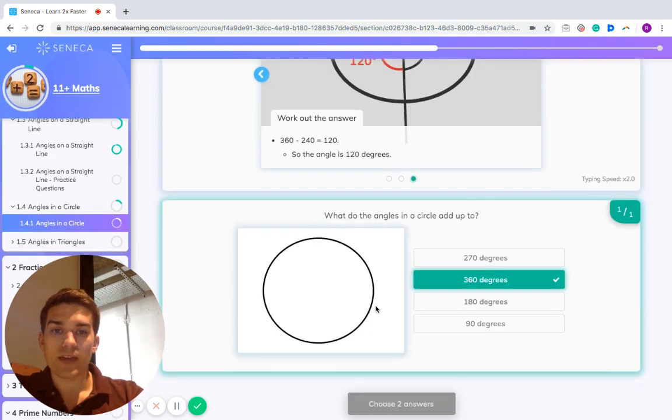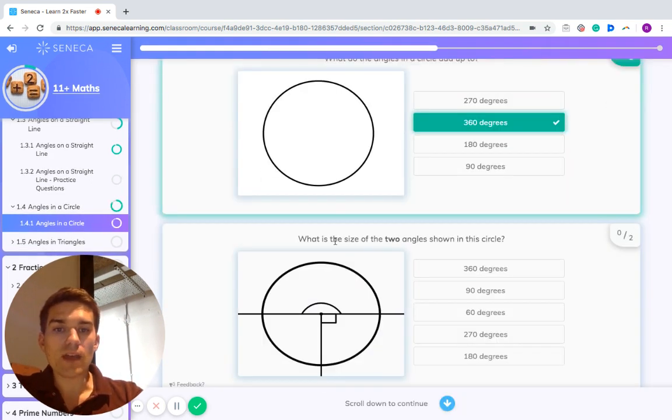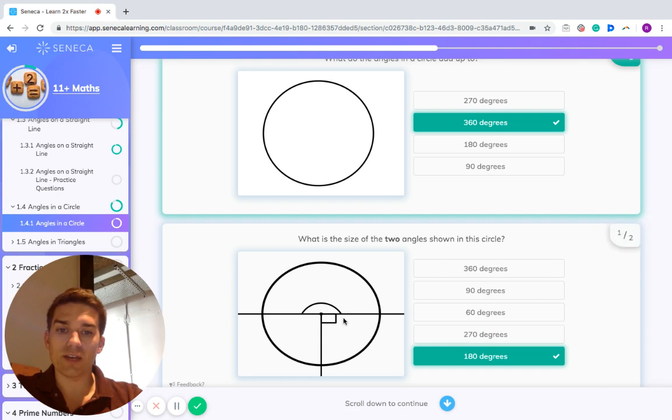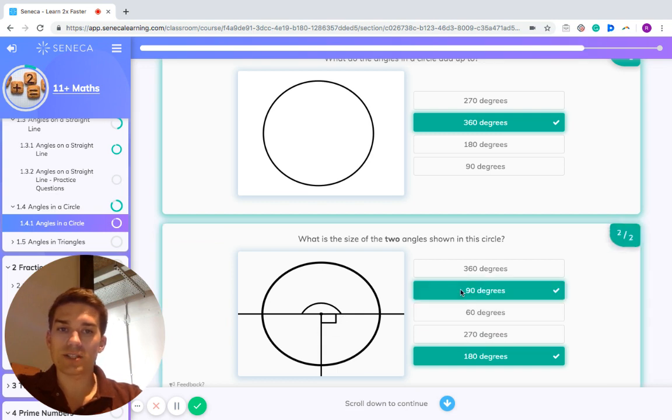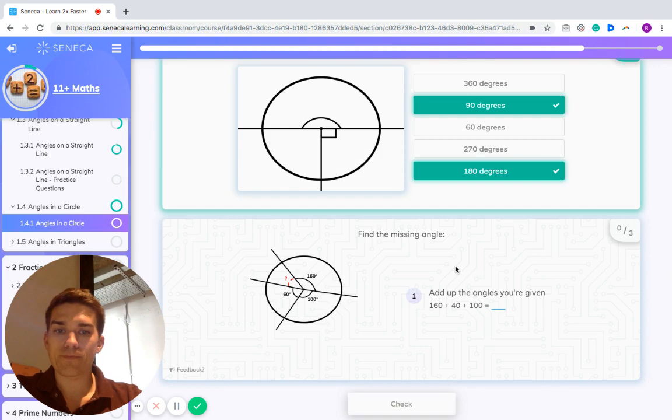So remember, they add up to 360. In this diagram, we've got one angle here, which is 180 degrees, and we've got another angle here, which is a right angle, which is 90 degrees. If we were looking to find the missing angle in this example, remember that all the angles together add up to 360.